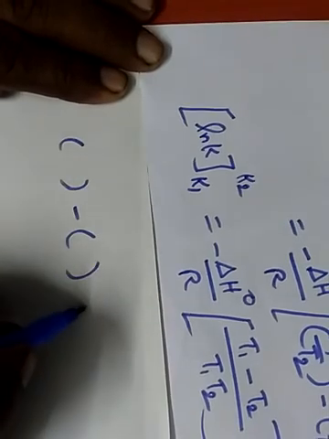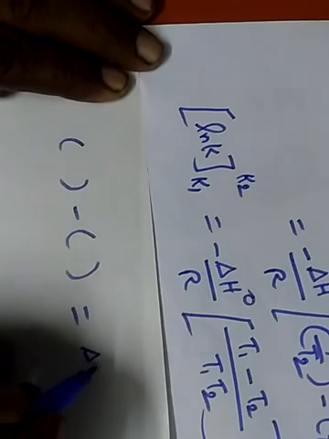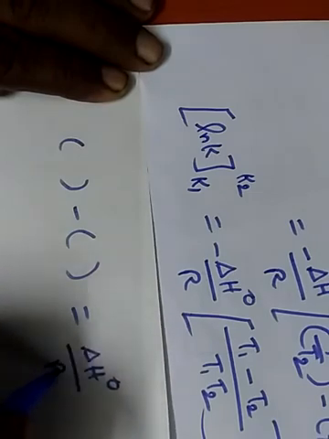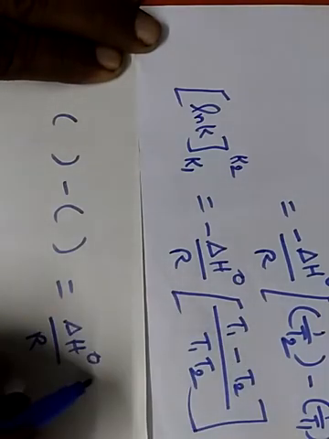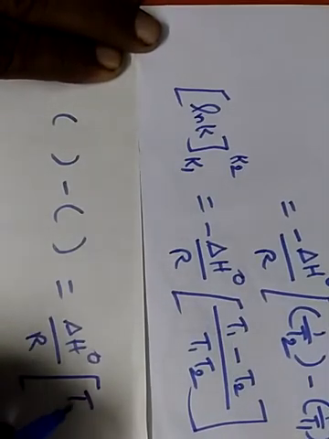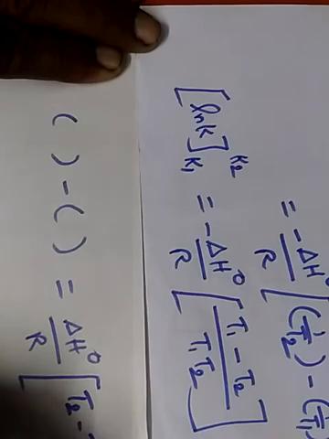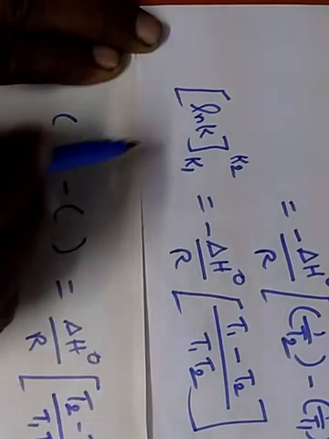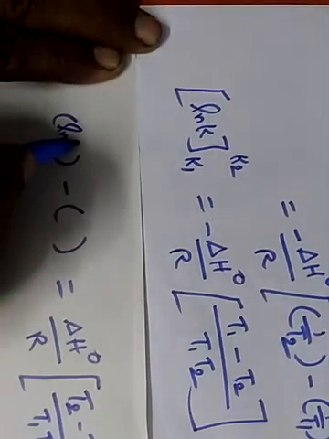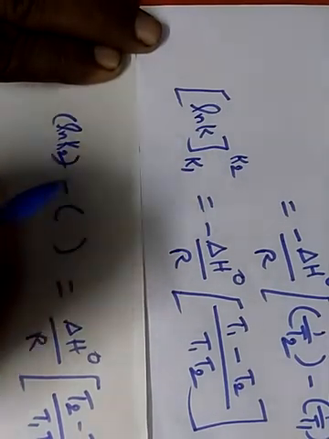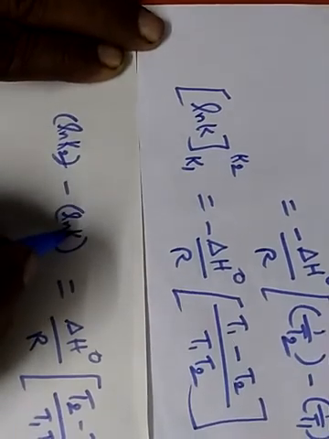The left-hand side is equal to, moving this minus sign inside, ΔH° by R, this T1 will become minus and this will become plus. So we can rearrange it as T2 minus T1 by T1 T2. Now on the left-hand side, upper limit is K2, so you substitute ln K2 minus ln K1.